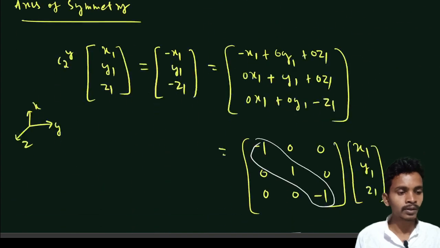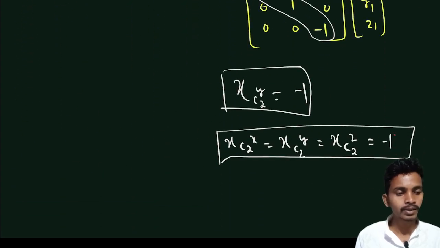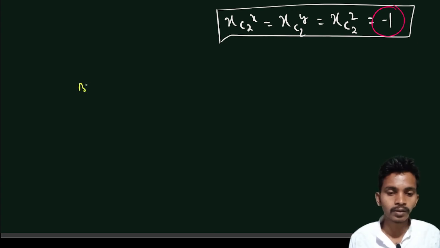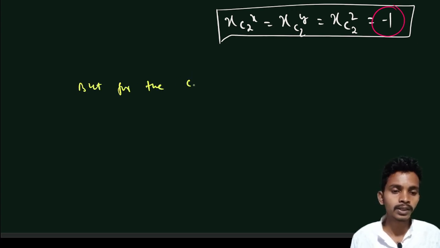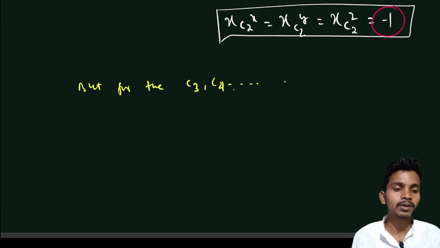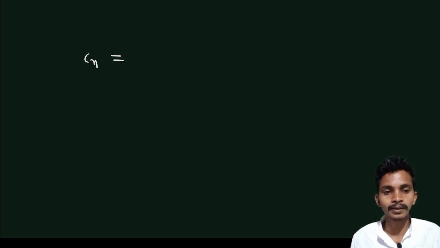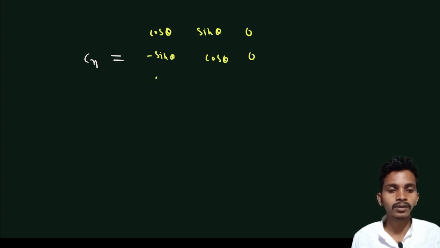Okay. So now for C2y the character is minus 1, but for C3, C4, C5, C6 it will not be equal to minus 1, so we have to calculate it. For that we use the formula valid for any Cn axis: cos theta, sin theta, 0, and minus sin theta, cos theta, 0, and 0, 0, 1.